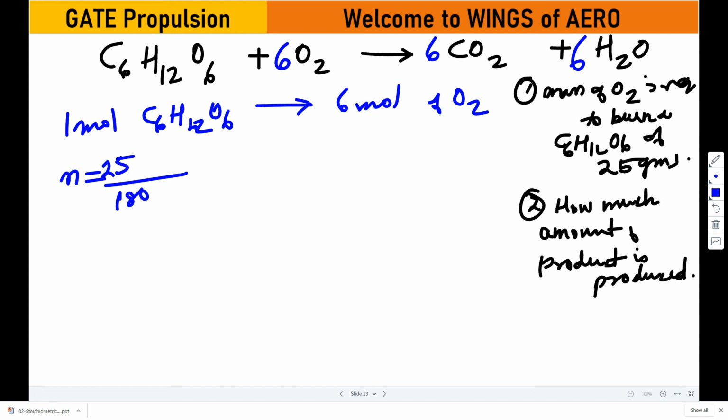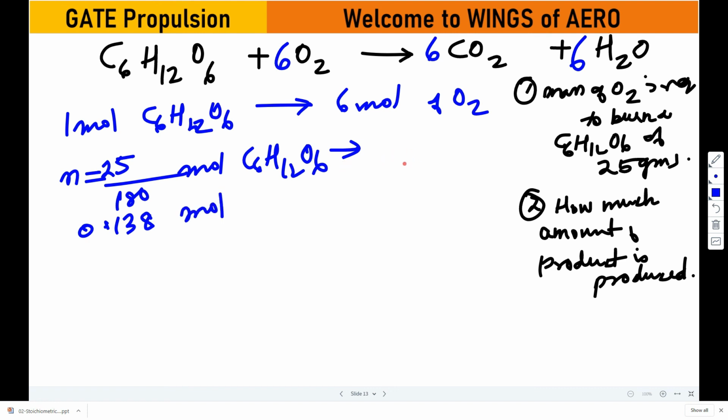So whatever the amount you are getting, in moles, C6H12O6 will provide you 0.138 moles. Yes, I'm getting 0.138 too, ma'am.